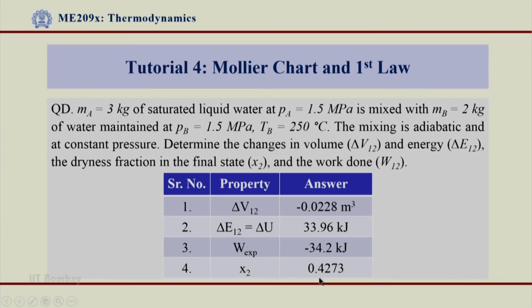This is the dryness fraction of the wet steam at state 2, what we got as a result of this mixing phenomena. This is a very little bit involved problem, where we understood that two streams of different nature got together, 1A and 1B, because of which property changes occurred, and because of which some work got done on the system.